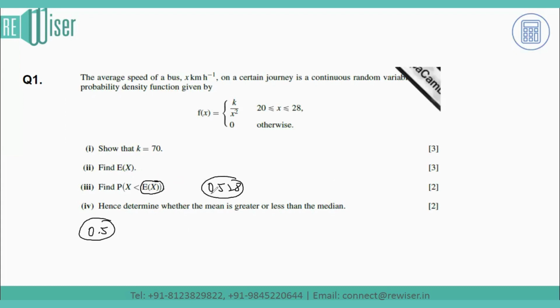So it is greater than 0.5. So we can say that yes, mean is greater than median, because the probability value of less than mean is greater than 0.5. So this will be the solution for all the four parts. Thank you, students.